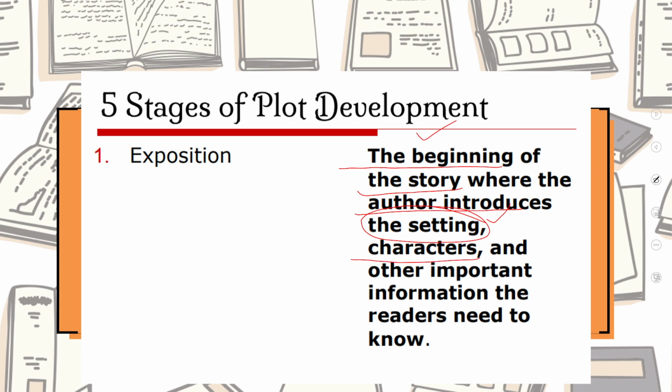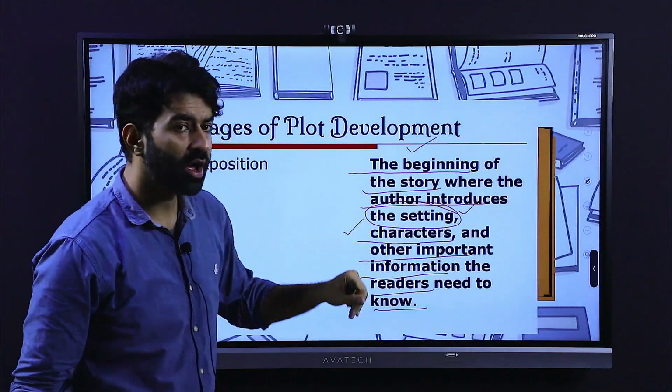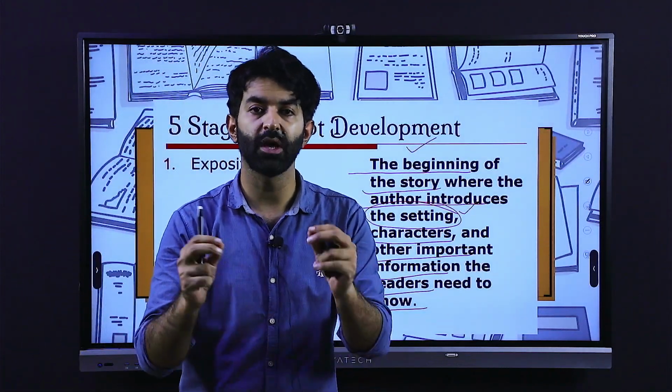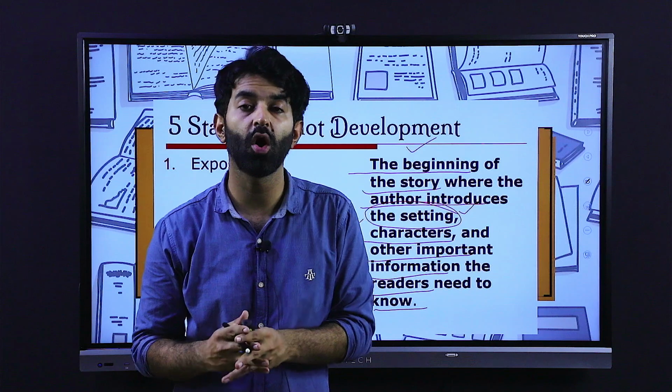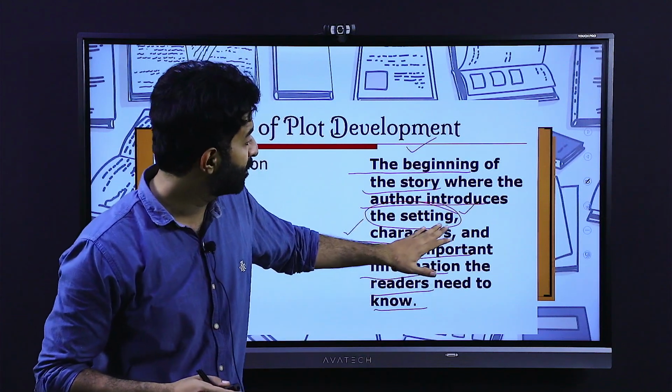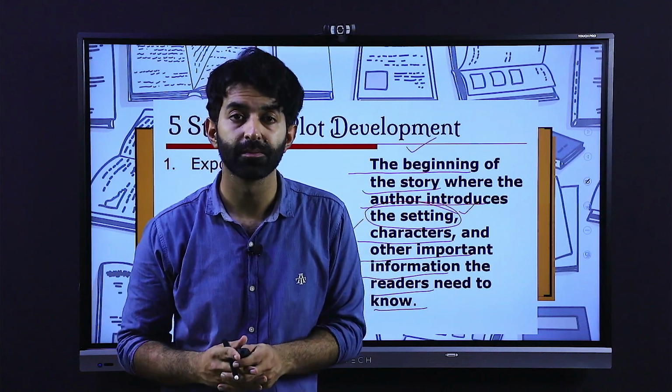Characters are also part of the exposition because you are introduced to different characters with their characteristics or traits and other important information the readers need to know or the readers want to know. So at the very start, with a very few pages, maybe 1 or 2, you will be exposed to all these different things that are mentioned over here, and this will be our stage number 1.